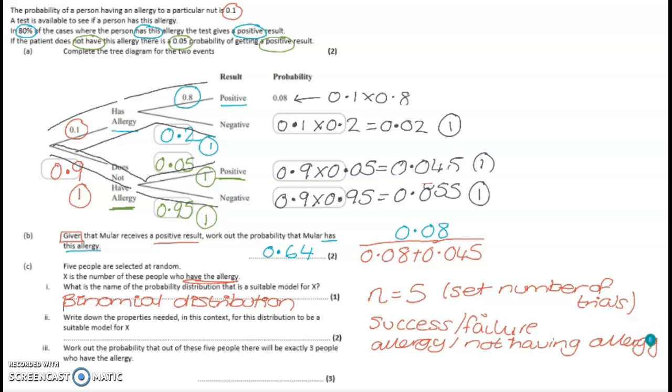And the probability of success must be constant. That means the probability of a person having the allergy cannot be dependent. So P for this question is 0.1. This writing here is the answer for part 2.